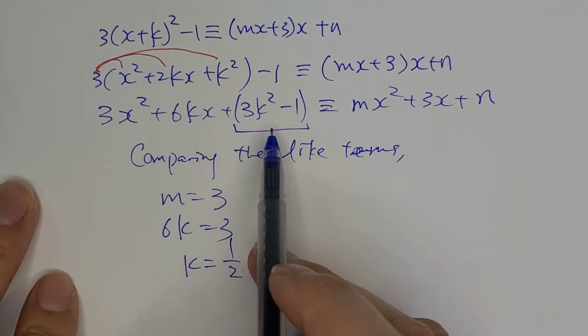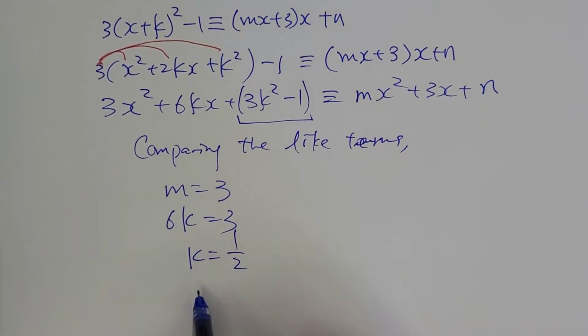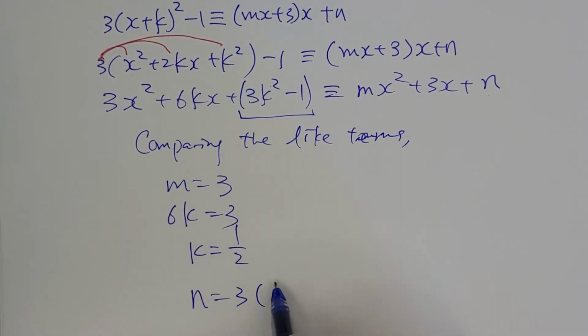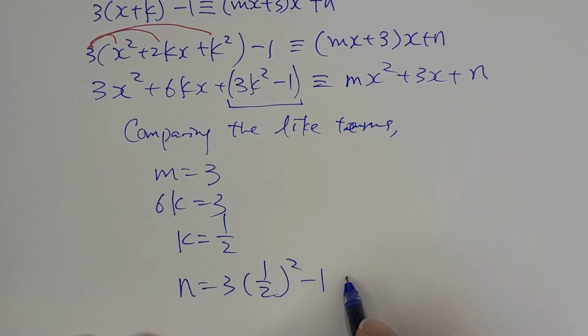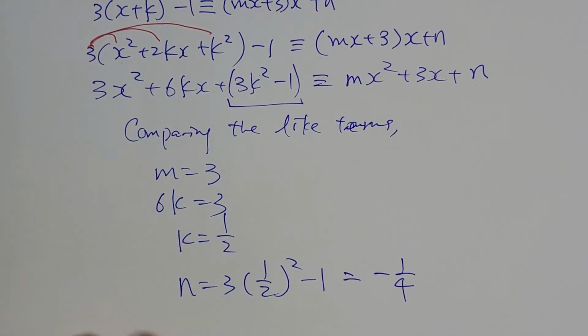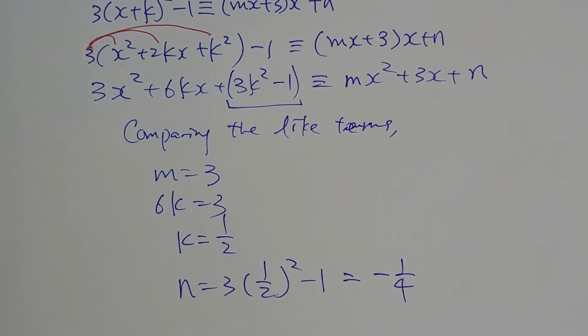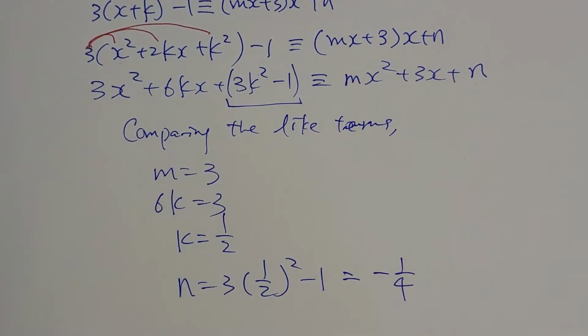And finally, 3k² minus 1 equals n, so n equals 3 times (1 over 2) squared minus 1. Then you can use calculator to find this, that's negative 1 over 4. So that's it, the method to find the values of m, k, and n.